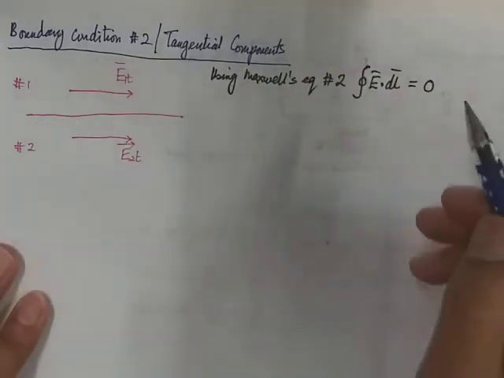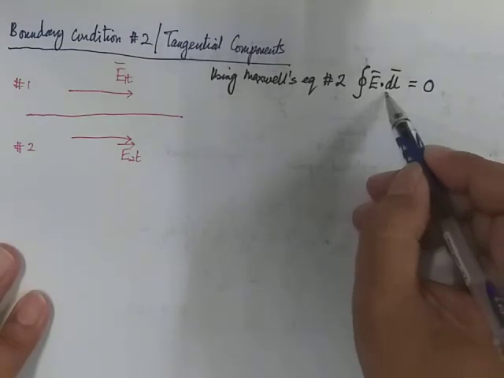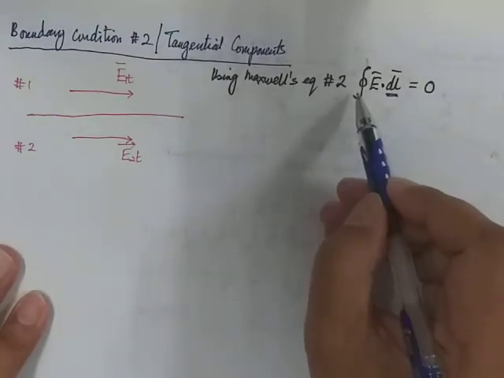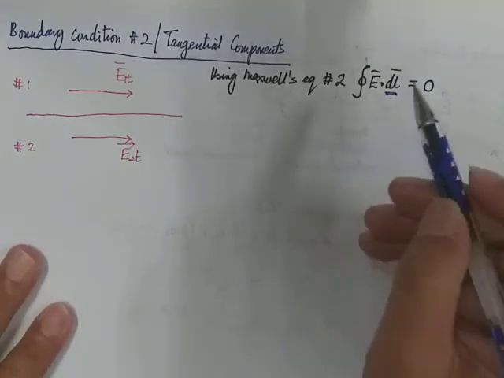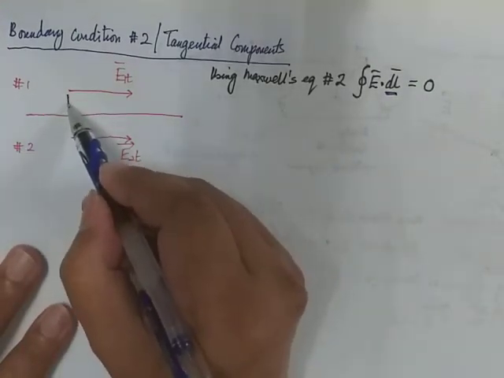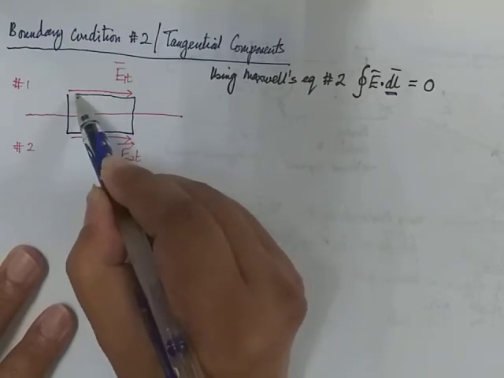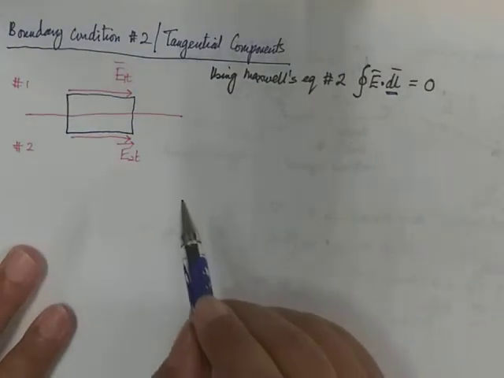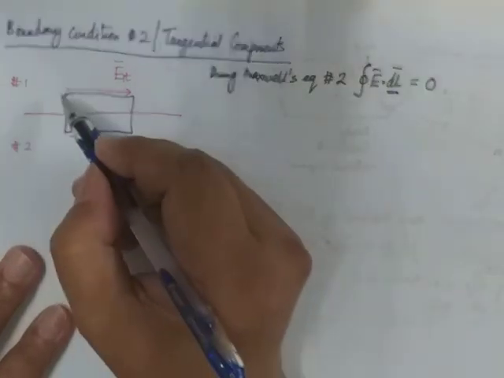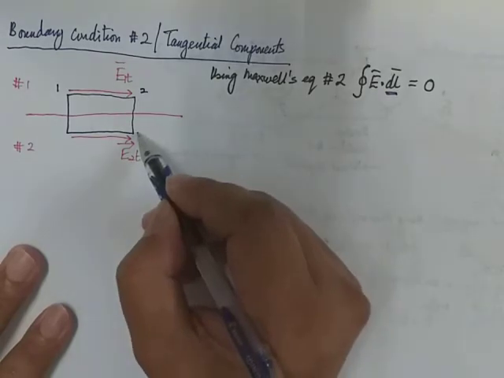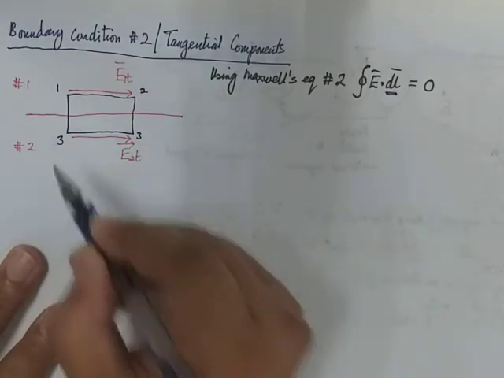Now, since the mathematics here involves length, and the length is completely closed, do we agree on that? So I'm going to develop a structure now. My structure should be the blue structure. You can see it's completely closed. I'm going to indicate the corners here as number 1, number 2, number 3, and number 4.